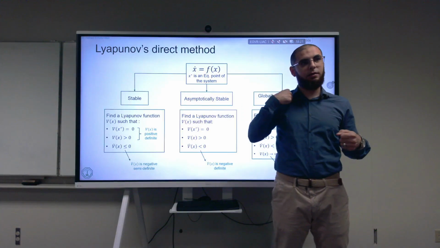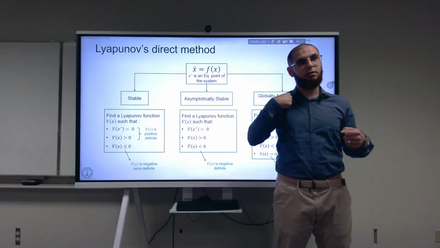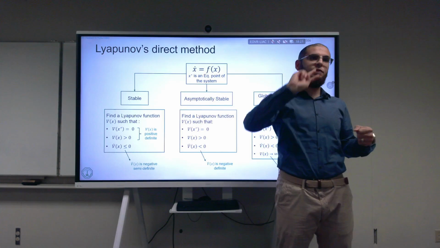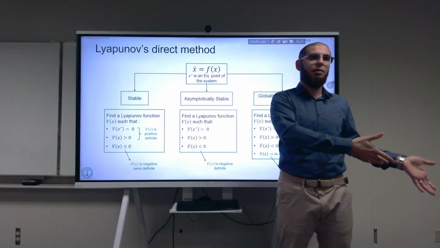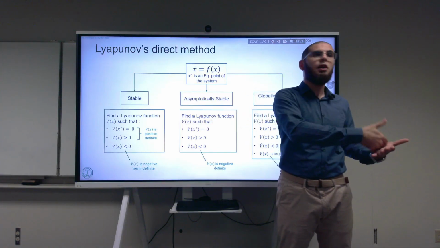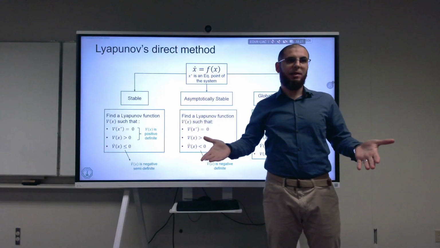My result implies yours, but not vice versa. If I'm asymptotically stable, it means automatically I am stable. But if I'm stable, not necessarily that I'm asymptotically stable.